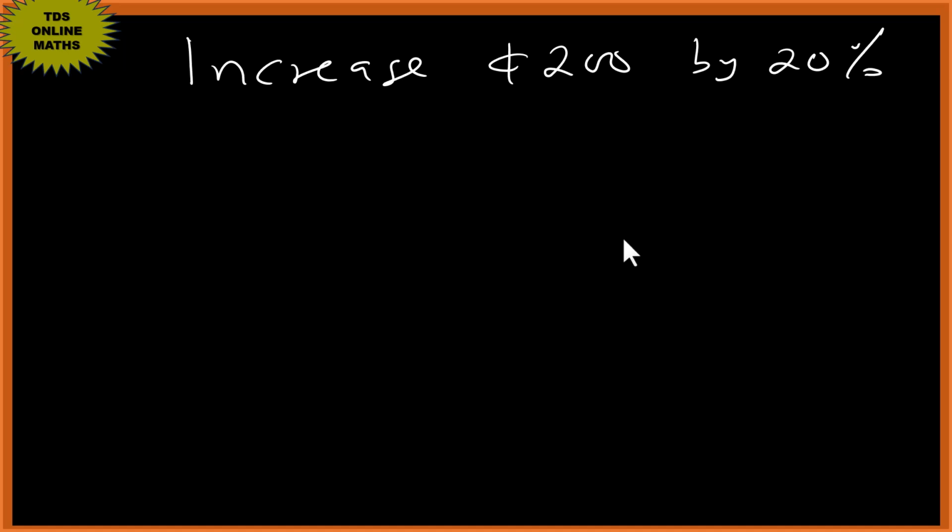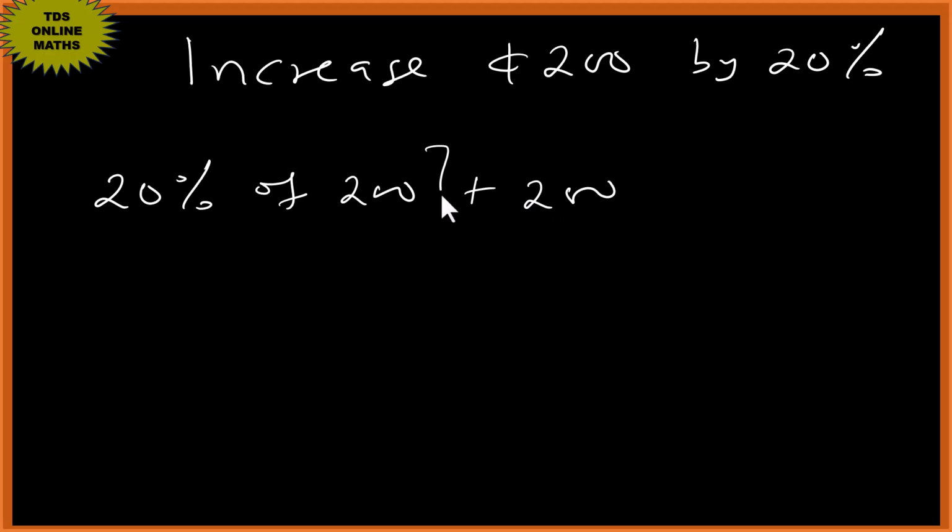All right. Now let's increase 200 cedis by 20%. This one is very simple. We need to find 20% of this and add it to the same thing. So we calculate 20% of 200, plus 200, and that will be the answer.